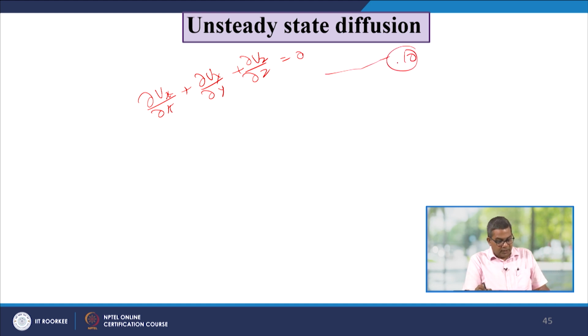So, we know that in terms of mass flux in the x direction, NAx is equal to nAx plus JAx.